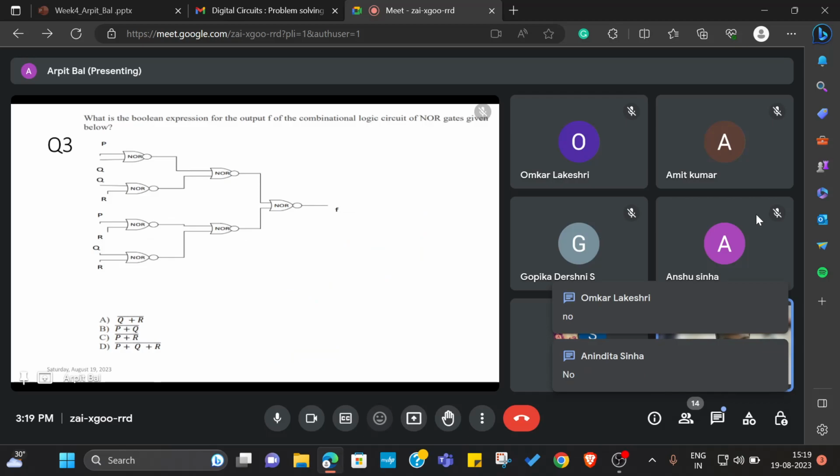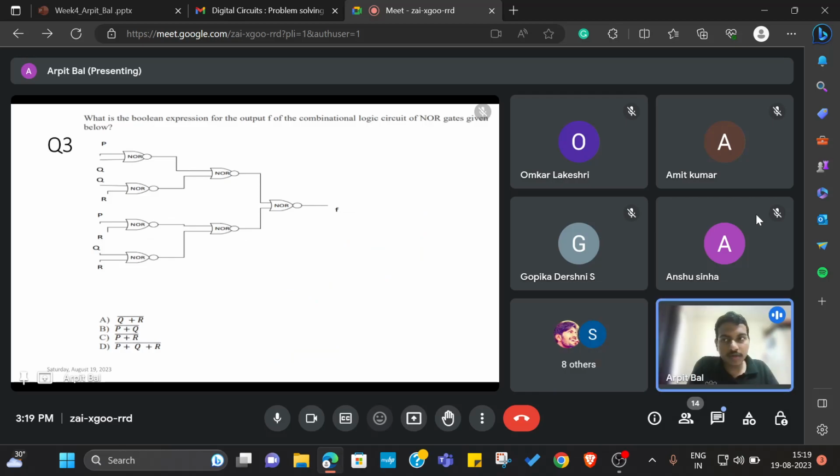Here we have different sets of NOR gates available with us, and we need to figure out what the final function f is. We have to represent f in terms of PQR, and find a very simplified form of f.